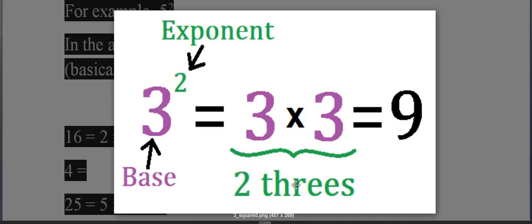So this 2 times is actually your power. It can be written like this, and this number 3 is known as the base. So this repetition of the number, how many times the number is getting multiplied with itself, is known as an exponent or power or index. And the number is your base.